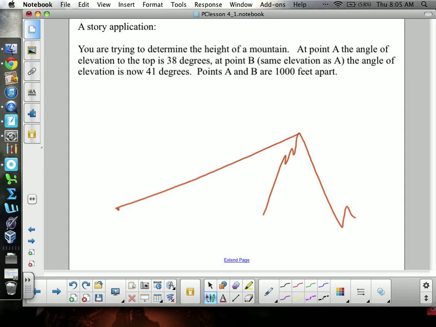From point B, the same elevation as A, the angle of elevation is now 41 degrees. Points A and B are 1,000 feet apart. Find the height of the mountain.